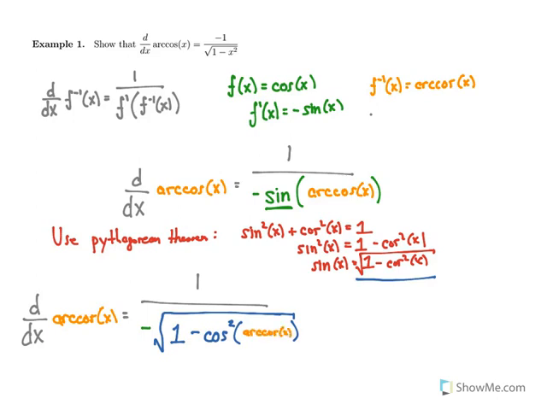So we replace sine of something with square root of 1 minus cosine squared of something. Right, we're replacing x in this equation with arc cosine of x.